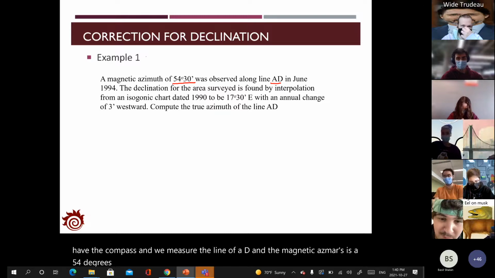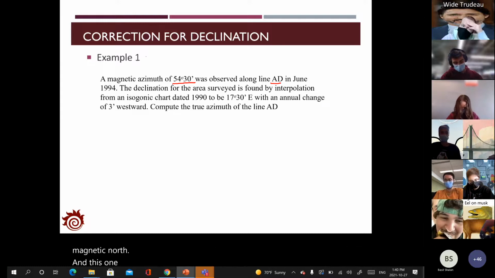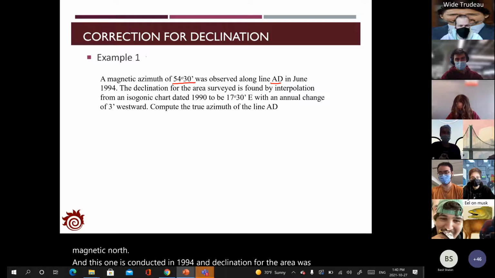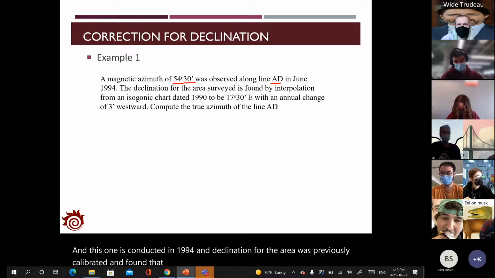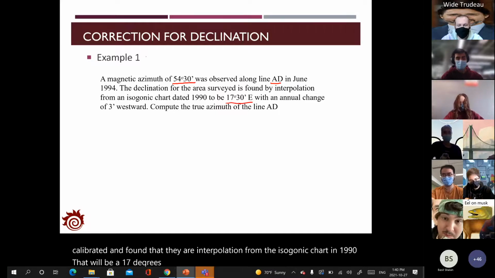This means that the angle is measured from the magnetic north. This is conducted in 1994, and the declination for the area was previously calibrated and found, from the interpolation from the isogonic chart in 1990, to be 17 degrees 30 minutes east.